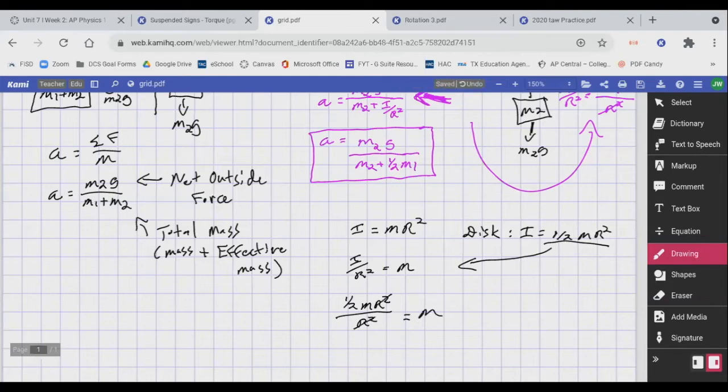So my effective mass, let's do this. The m on the right, this is effective mass. So up here at the top, that's 1/2 m1 r squared divided by r squared. So 1/2 m1 is equal to the effective mass.